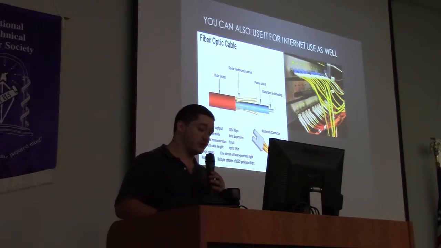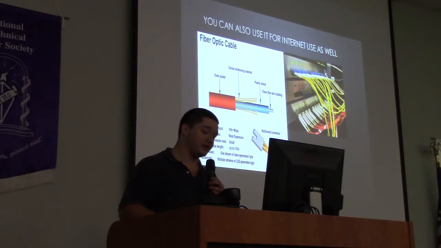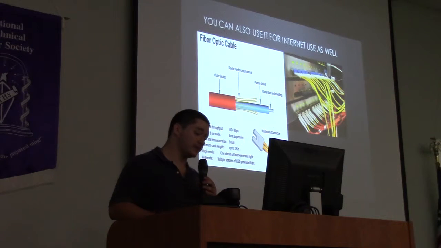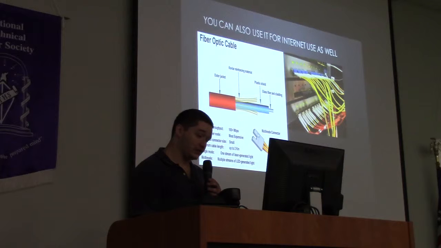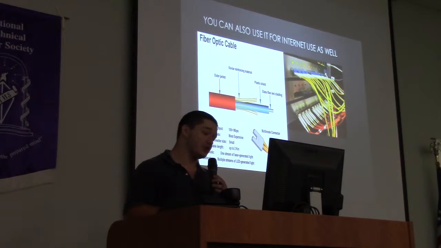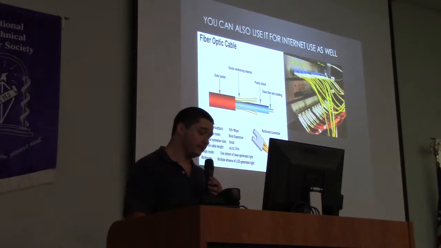The average price per node is more expensive, and the connector size is small, like I can see in the picture here. There are different connectors you can use, but this is one of the standard ones. The maximum cable length is up to 2 kilometers.